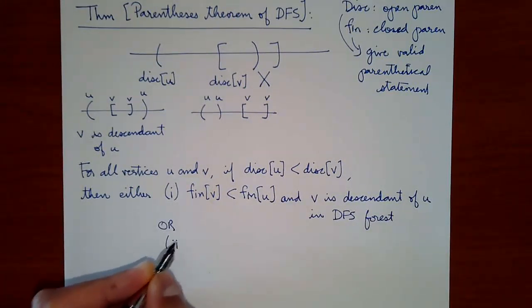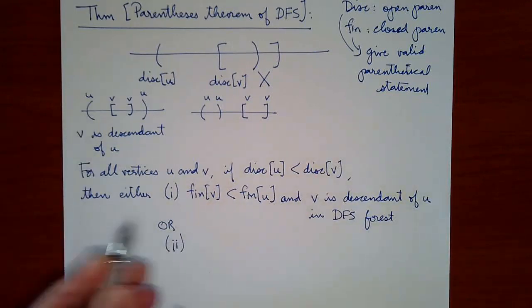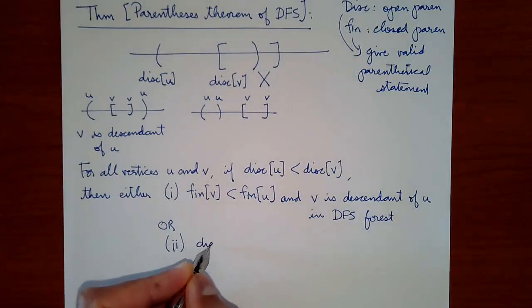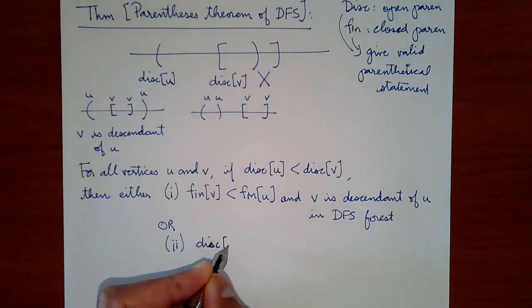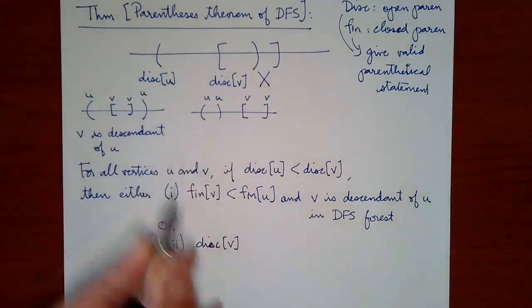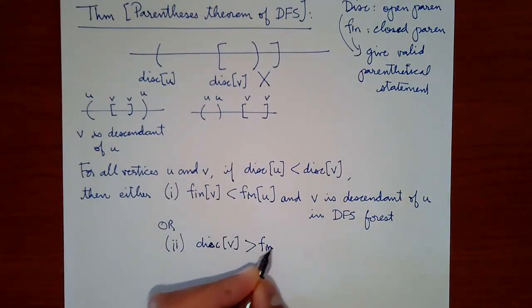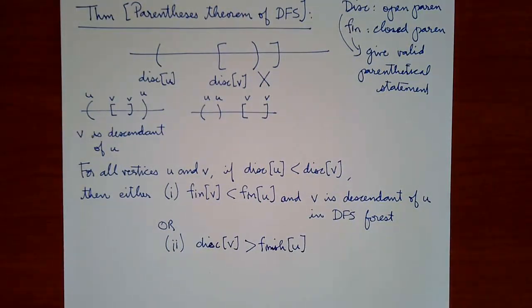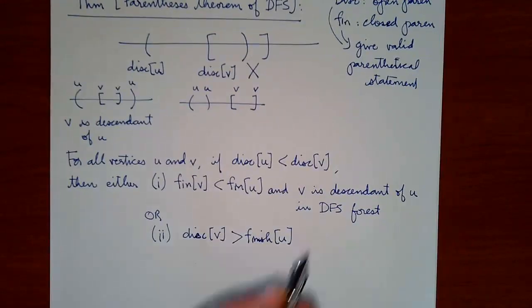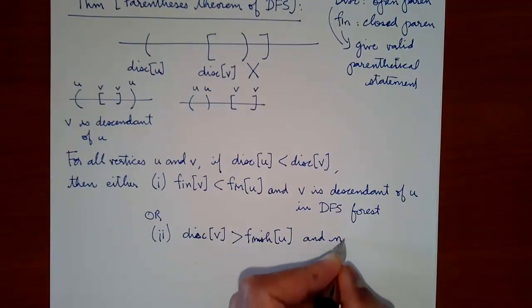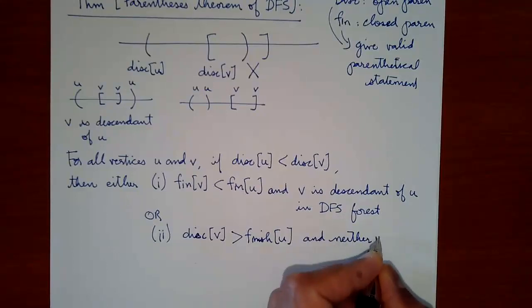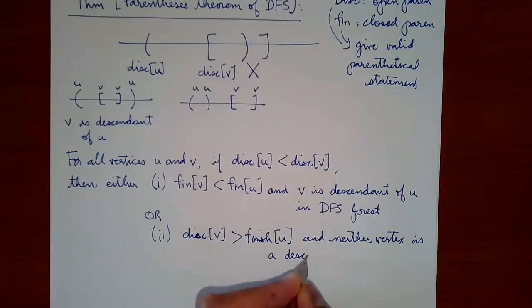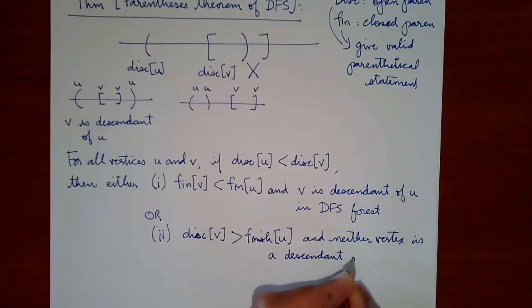Or, so this would be, or the discovery of V is greater than the finish of U, and neither vertex is a descendant of the other.